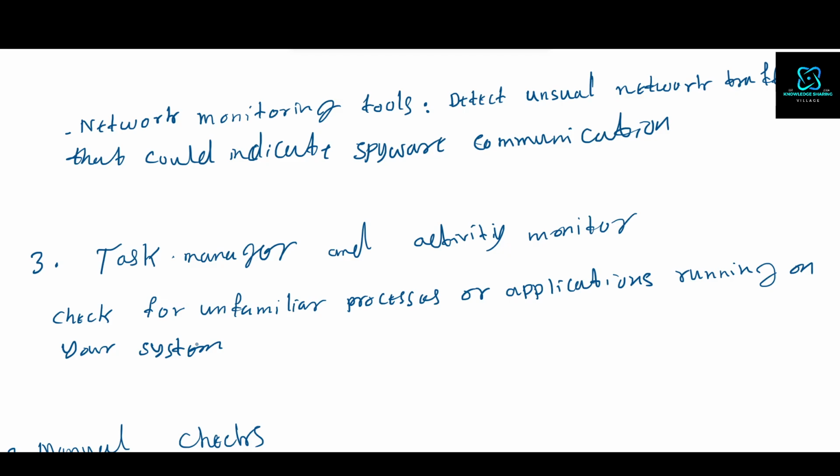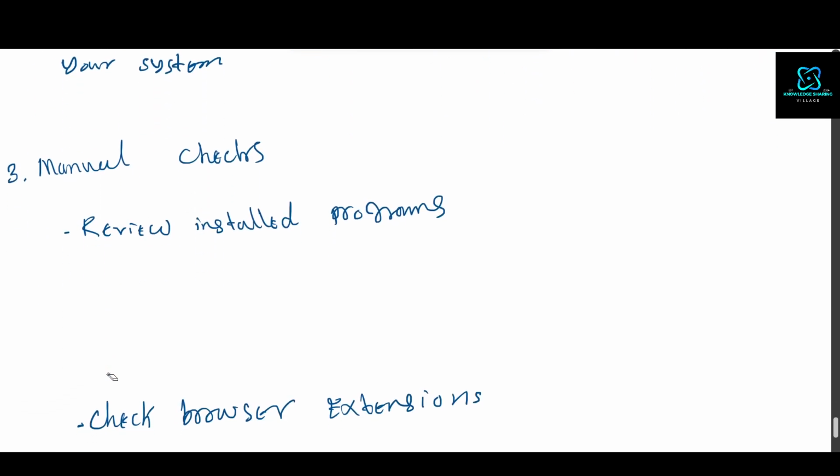Okay, so the last step, or the fourth one, we can change the number, is manual checking. Obviously we cannot trust the technology based solution 100%. We need to also do manual checking regularly.